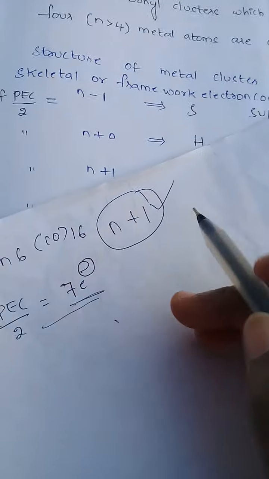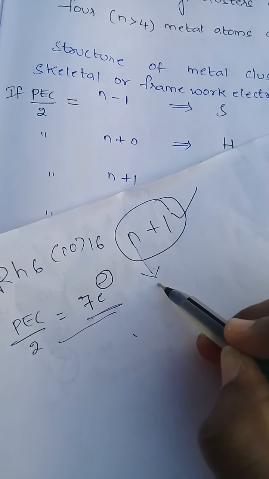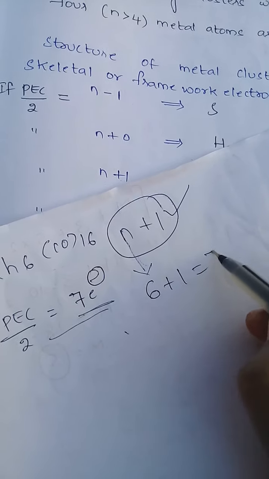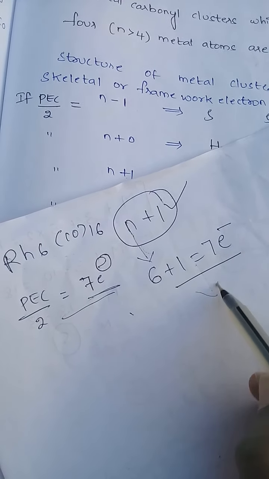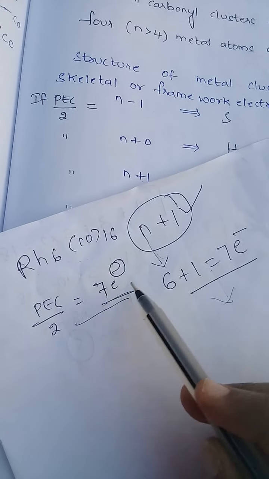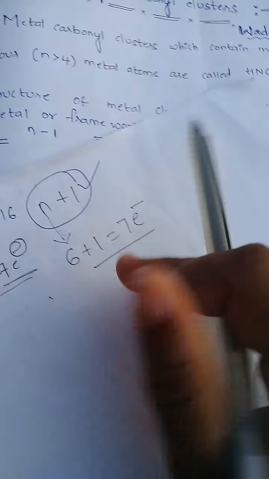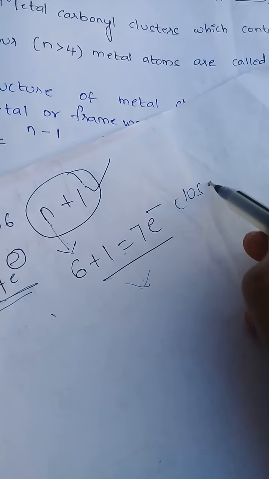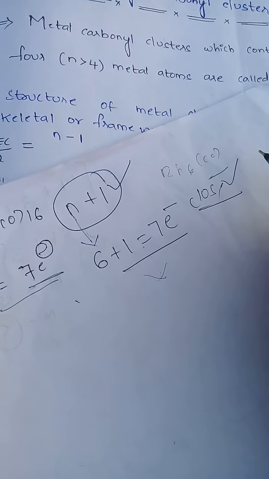We take n plus 1, where n equals the number of metal atoms, so 6 plus 1 equals 7. So these skeletal electron pairs are equal to the polyhedral count by 2. So the structure is n plus 1, which is closo. So the structure for Rh6(CO)16 is closo.